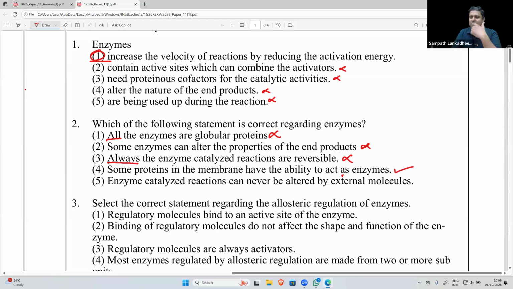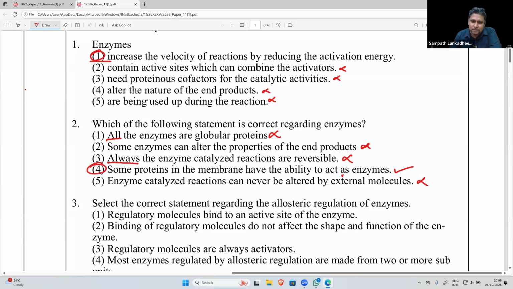Enzyme catalyzed reactions can never be altered by external molecules. No, activators and inhibitors can alter them. So you know the answer now. The fourth one is the answer.